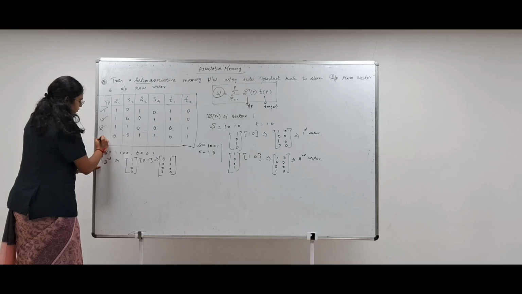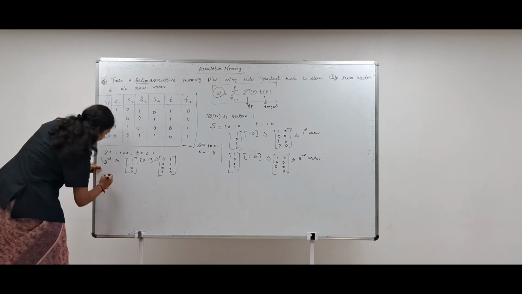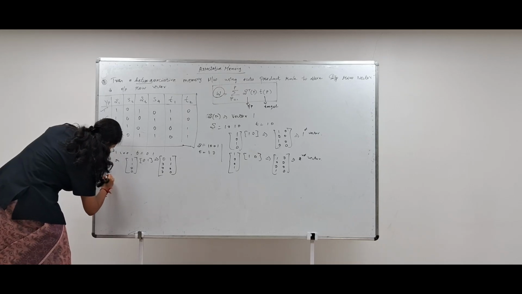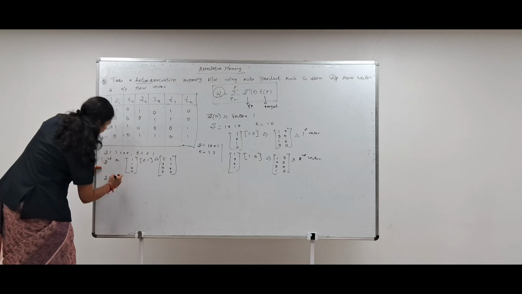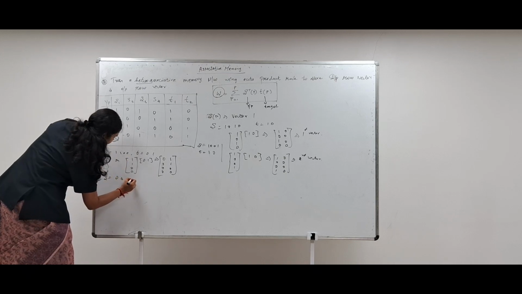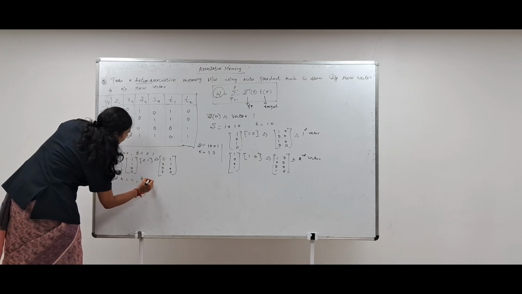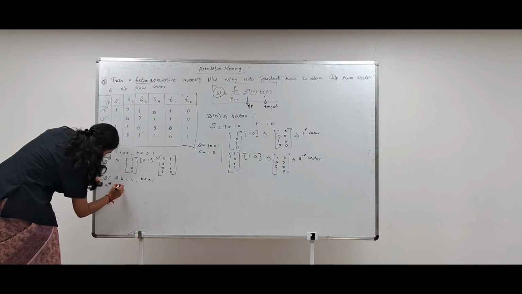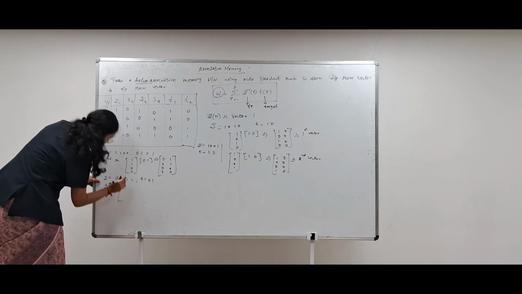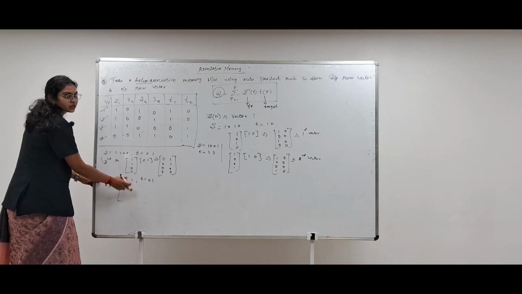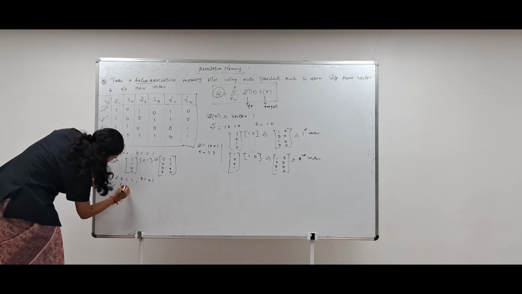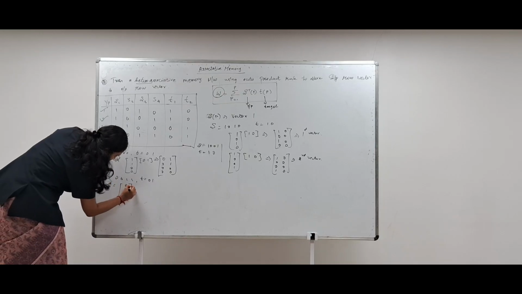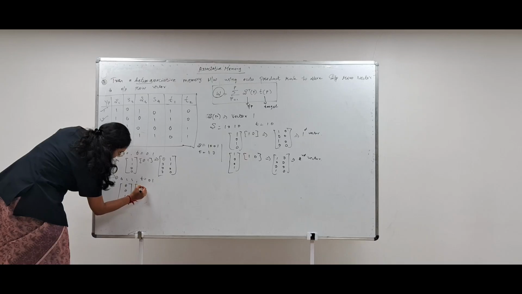Now we are going to consider the fourth vector. The same way, for the fourth vector, S is 0 0 1 1 and the target is 0 1. We make this vector into a transpose vector, 0 0 1 1, multiplied with the target vector 0 1.